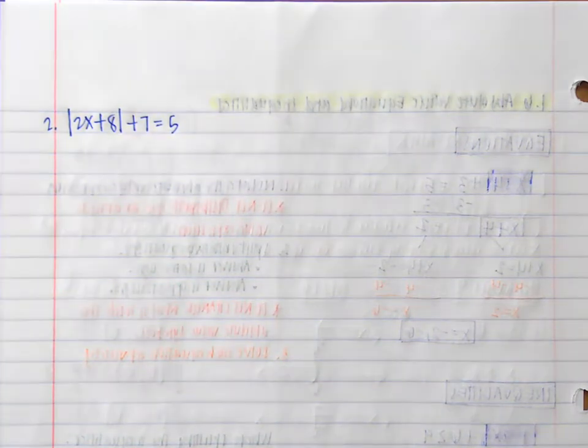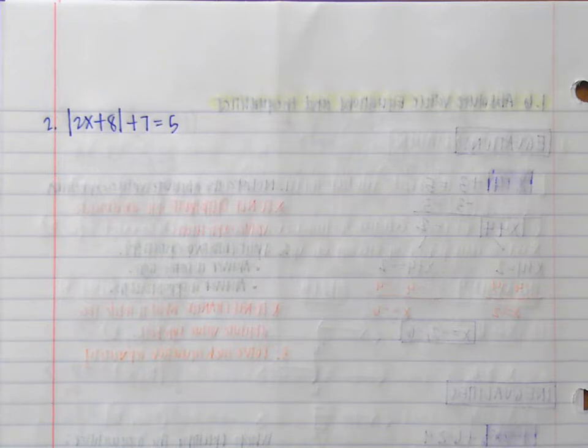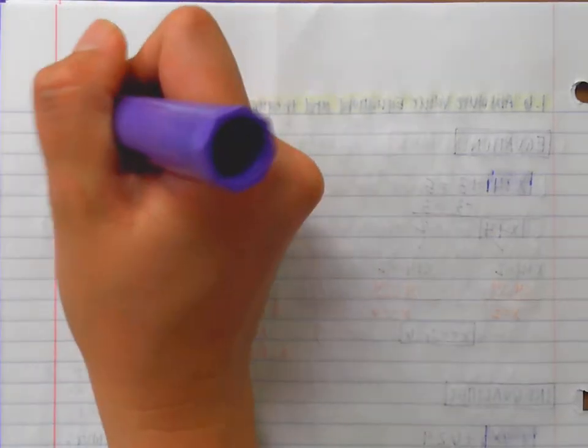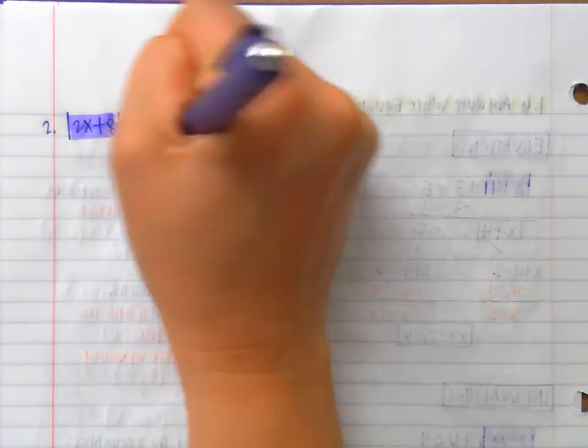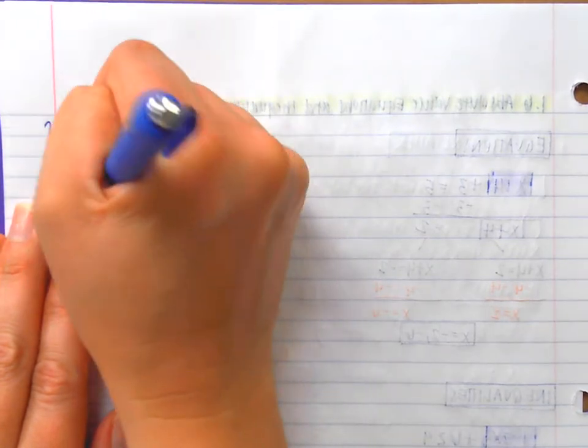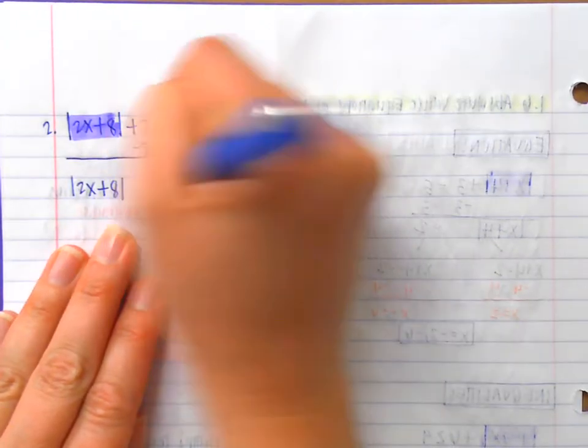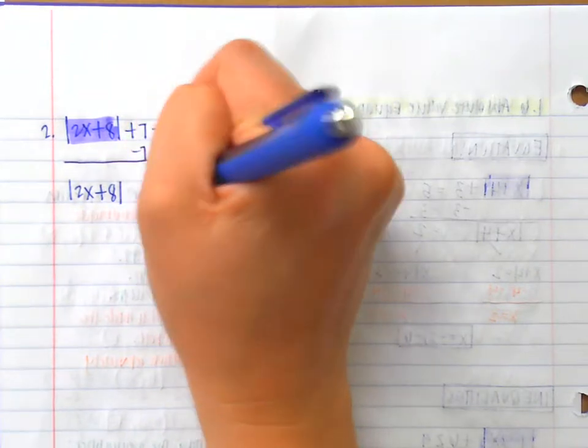So what would be the first step I would want to do here? And if you're saying to get the absolute value expression all by itself, you would be correct. And so to do that, we would subtract 7 from both sides. And I have the absolute value of 2x plus 8 is equal to 5 minus 7, which is negative 2.